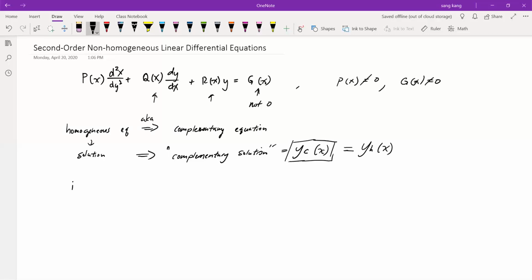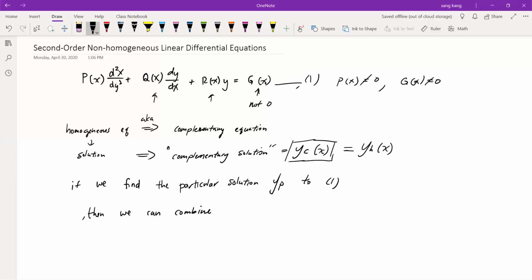So if we find the particular solution, Y sub P, and we'll say equation 1, we can combine Y sub P and Y sub C for the general solution.